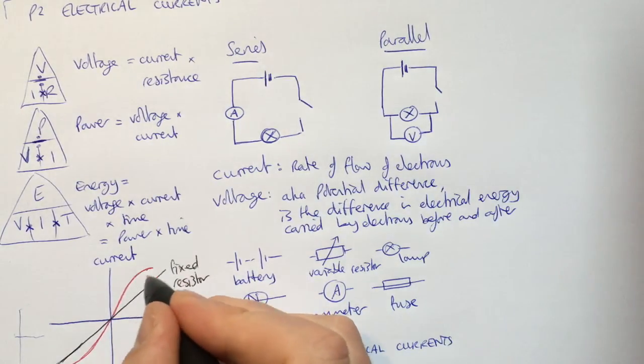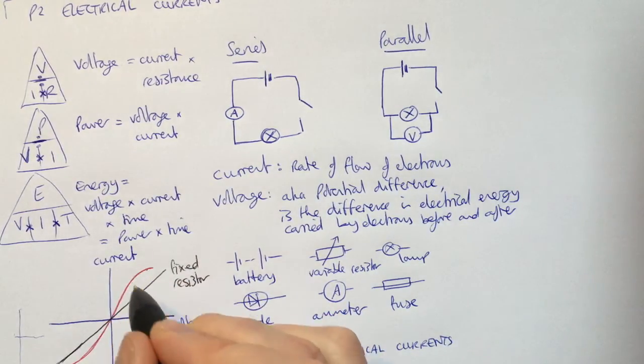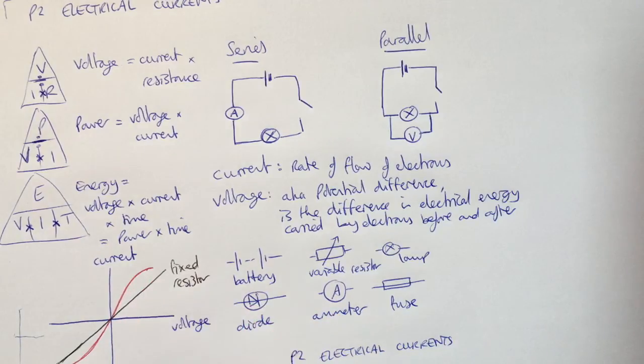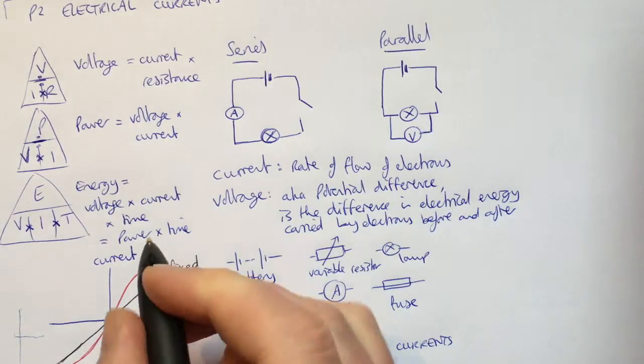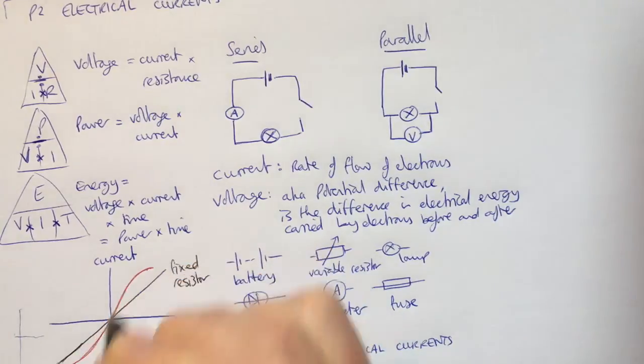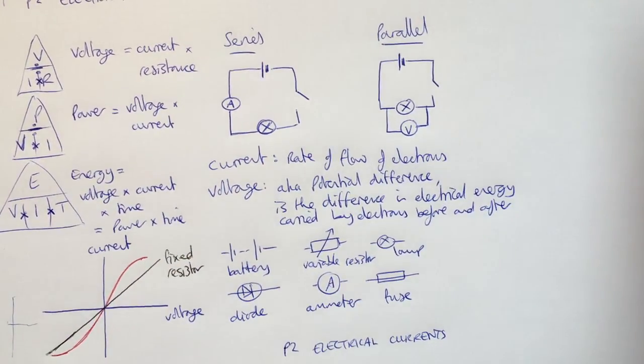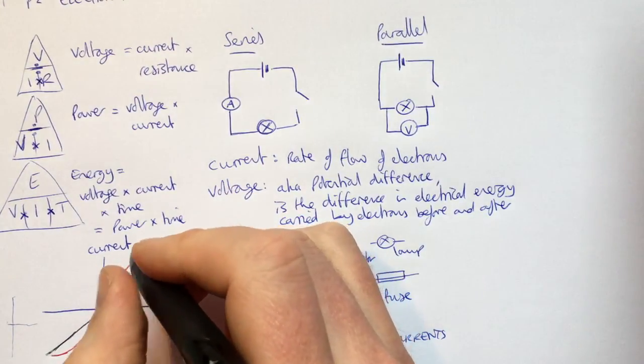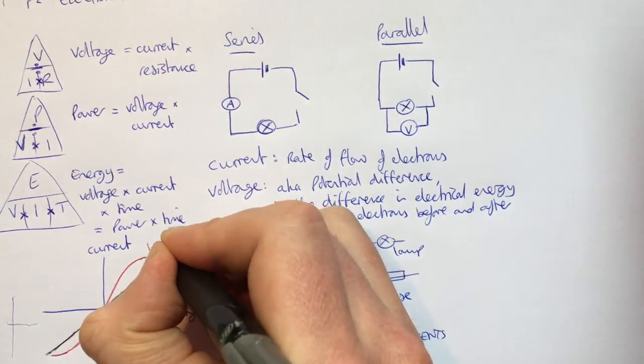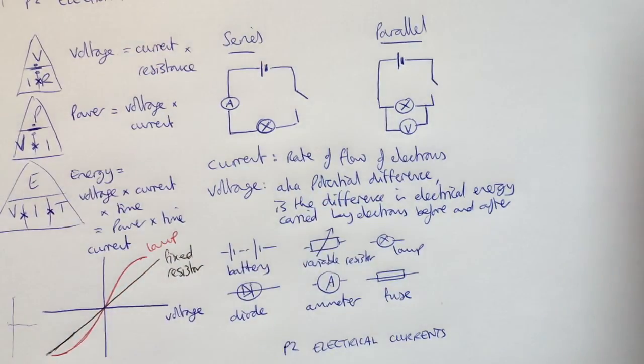So what that implies is that our component is getting warm because it's taking more and more energy to get the electrons to flow through. What component gets warm as it's used? A filament lamp. So that is the line for a lamp.